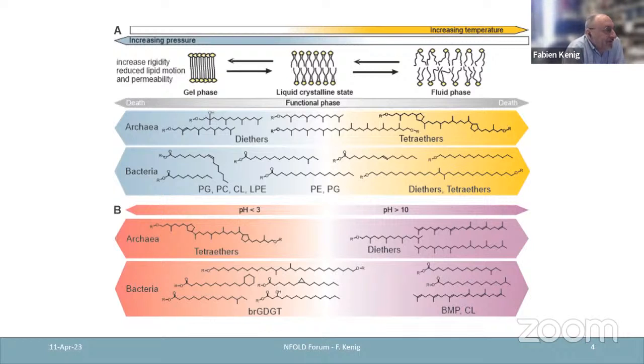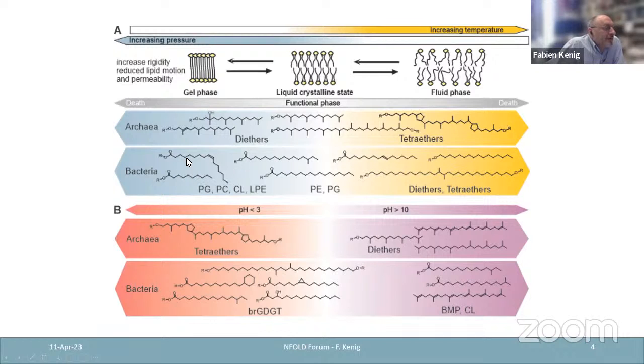You have examples here of what Archaea do at high temperature, with tetraether lipids across the membrane that help stabilize the system, versus lower temperature and cold, where they tend to increase the concentration of C20 hydrocarbons, so half membrane-spanning lipids, and so diether compounds.